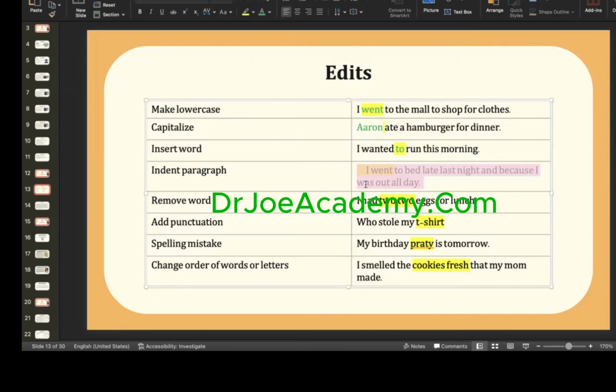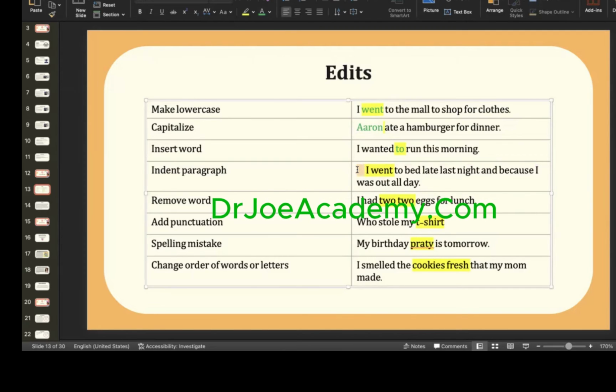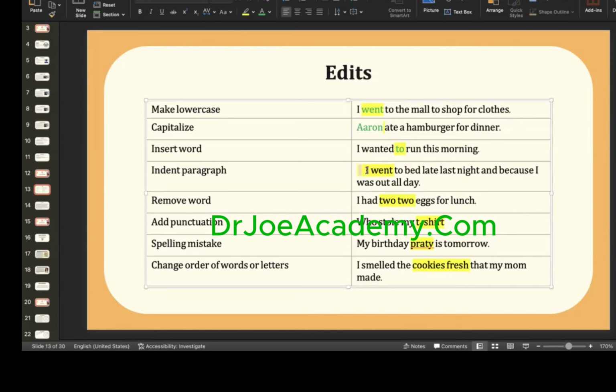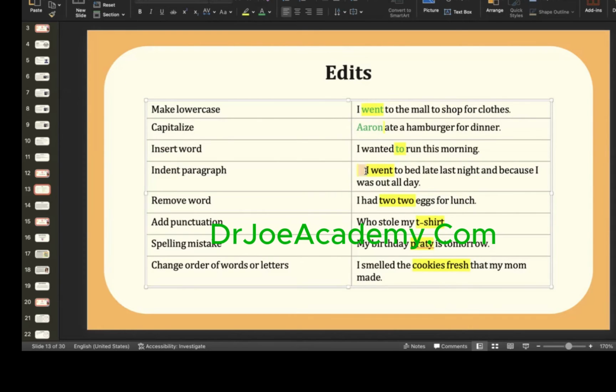So Jack, what do we usually have to put at the start of a paragraph? A word. A word, good. And sometimes, what do you call the space in front of a paragraph? Do you know what that is called? I don't know. You don't know? That's okay. It is called an indent.